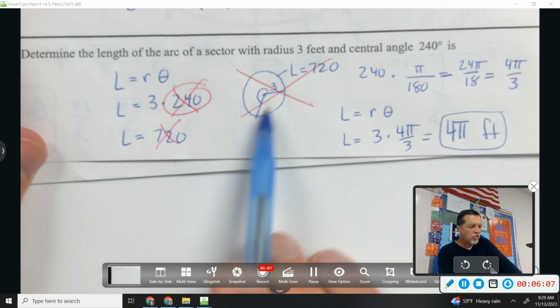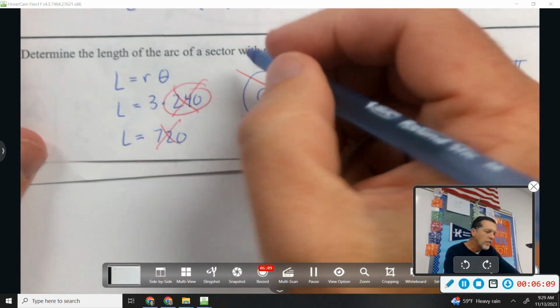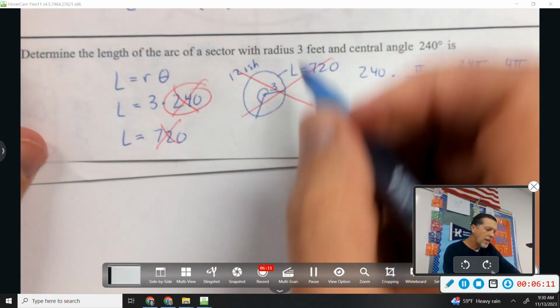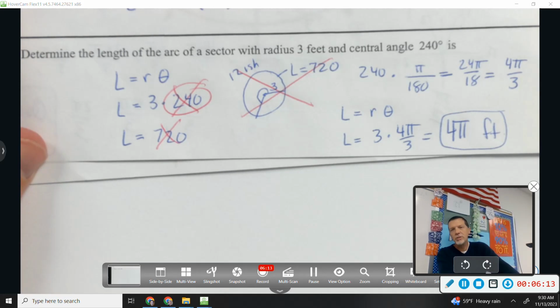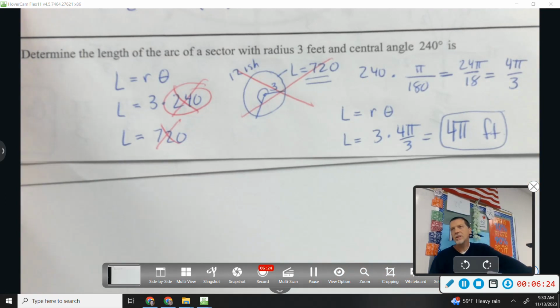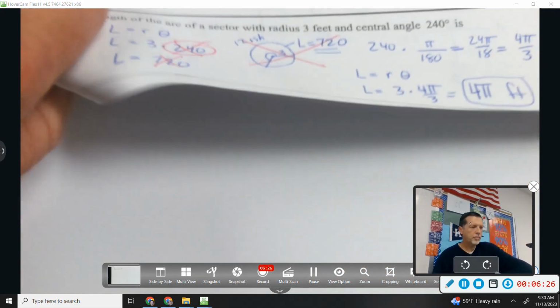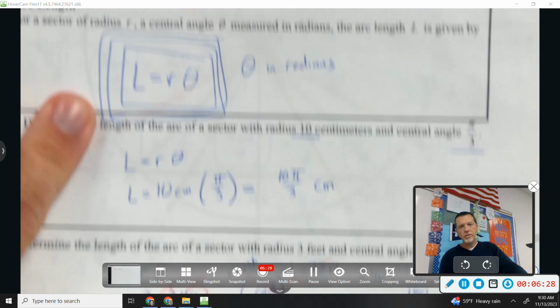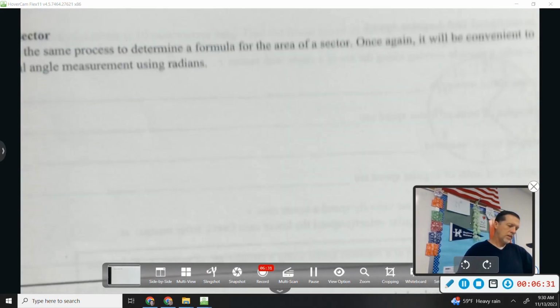Pi is 3-ish, so that L is 12-ish. That makes a whole lot more sense than 720. So again, you got to be in radians. If you forget to convert to radians and your brain is turned on, you will recognize that something is wrong. Hopefully. L equals R theta. That's the arc length formula.